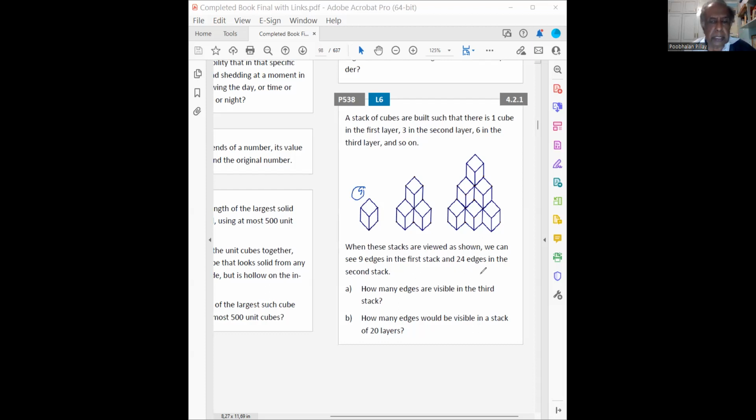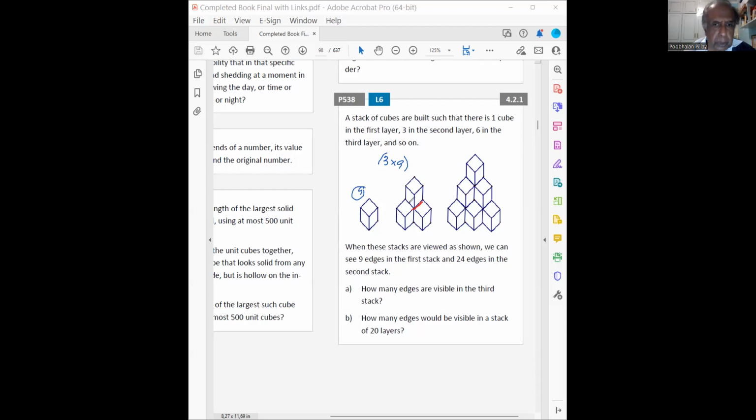And 24 edges in the second stack. Okay, now let's see why that is so. Well, in a way, you can say there are 9 edges here, and 9 edges here, and 9 edges here. So it's actually 3 times 9. But one has to be careful because this edge here, for instance, is counted for that and is also counted there.